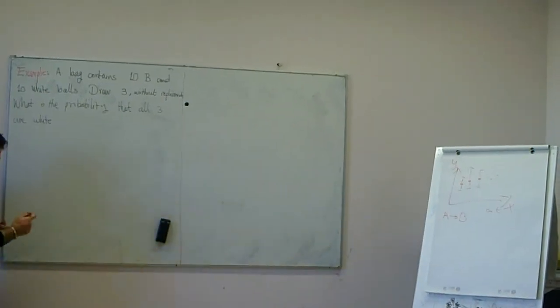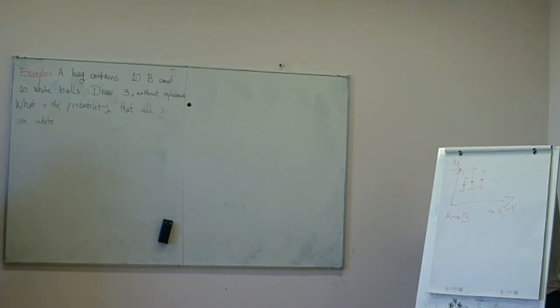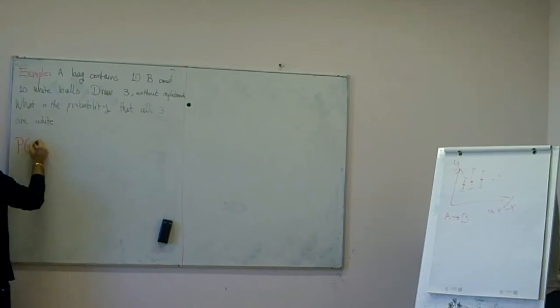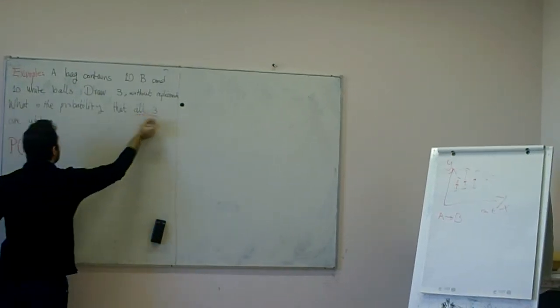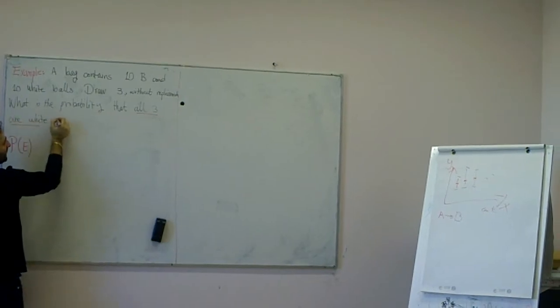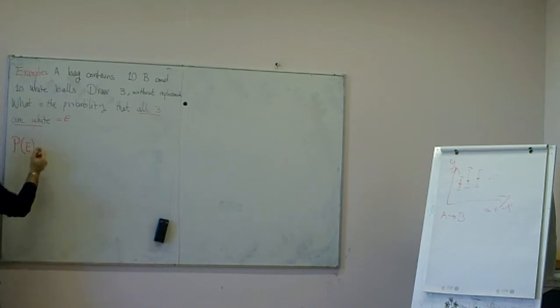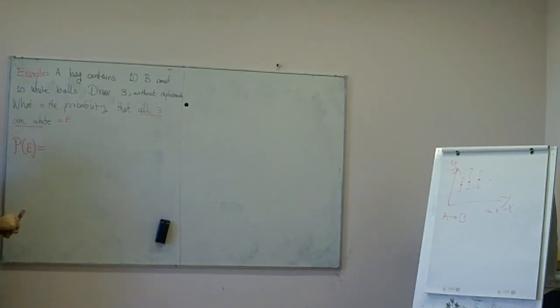So, the probability of our event, all 3 are white, is our event. So this probability is actually the multiplication of these probabilities.